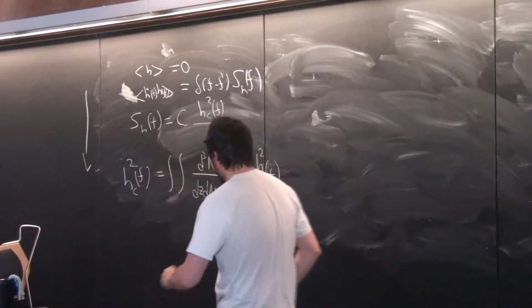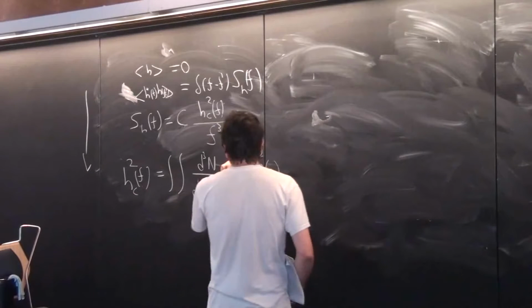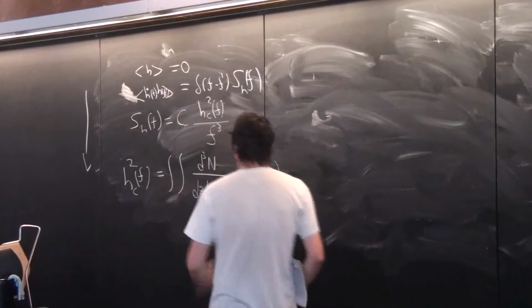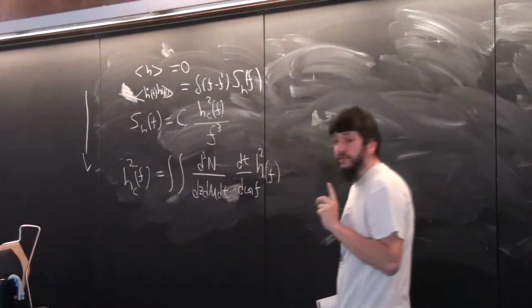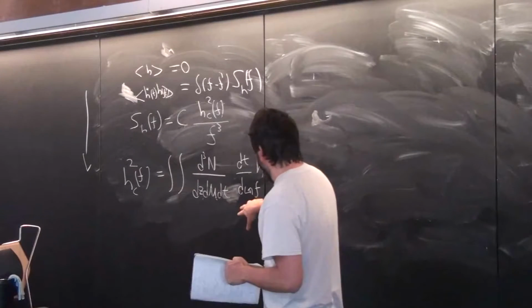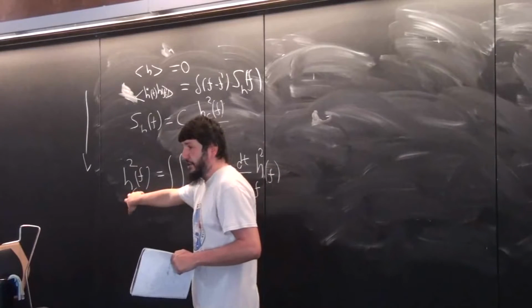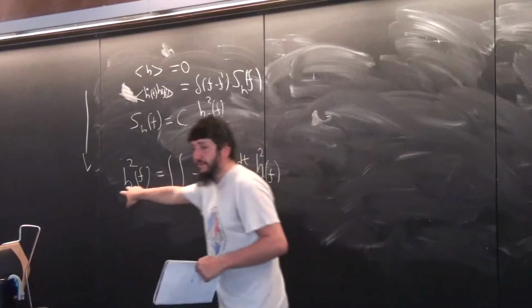We don't care about that. And when I write it like this, with d dt in d logarithm of f, it is useful because we can understand, using this formula, what the physical ingredients are that make the shape of this.